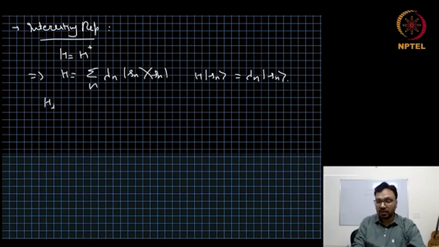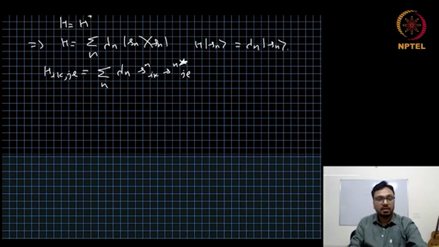It means the element H ikjl will be lambda n Sn ik Sn star jl. And this is equal to M ijkl.